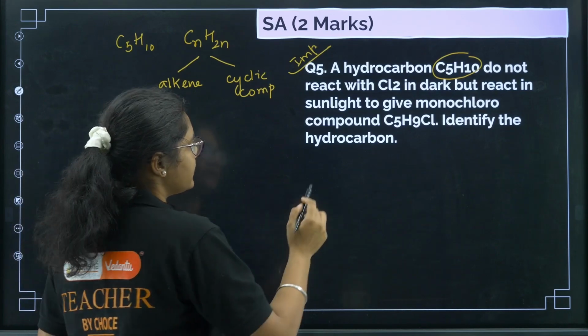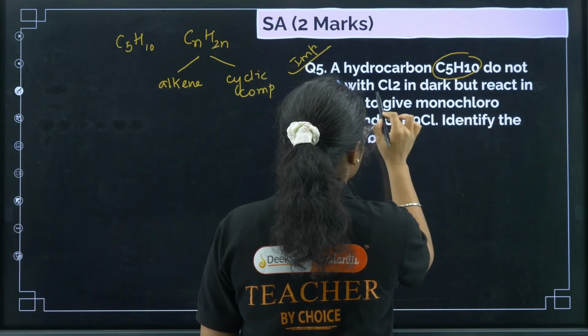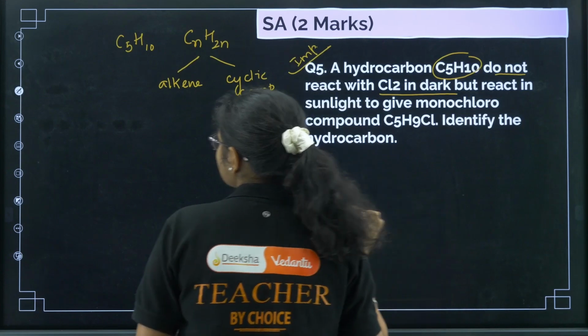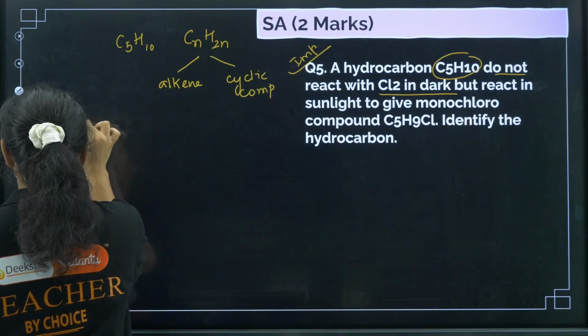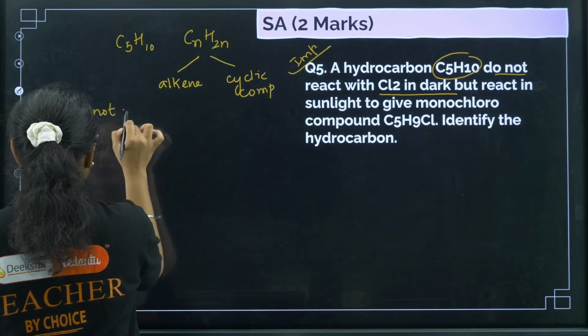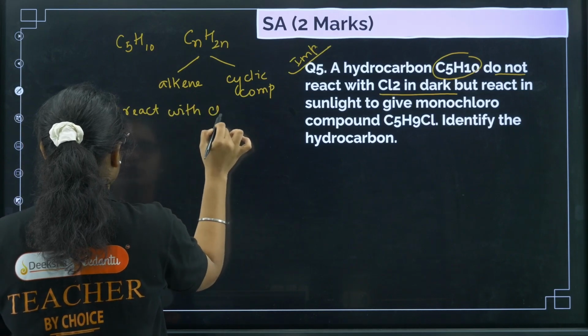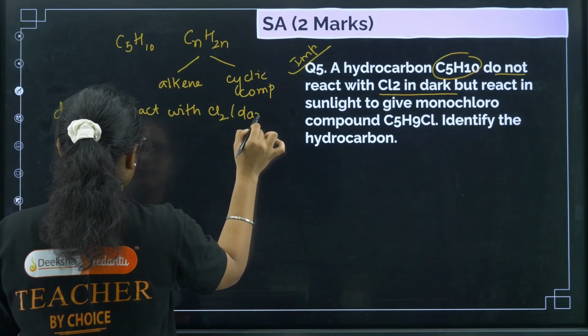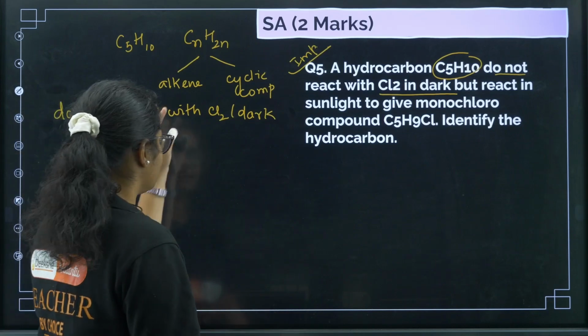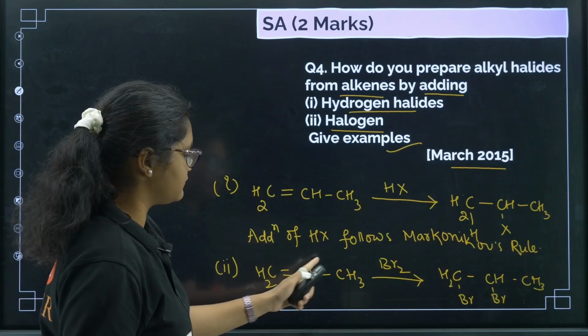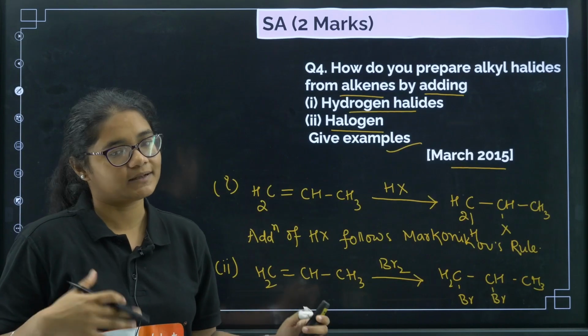Now the second clue here is telling that it does not react with Cl2 in dark. So if you remember, alkenes can react, this reaction that we wrote, right? This reaction can take place even in dark.